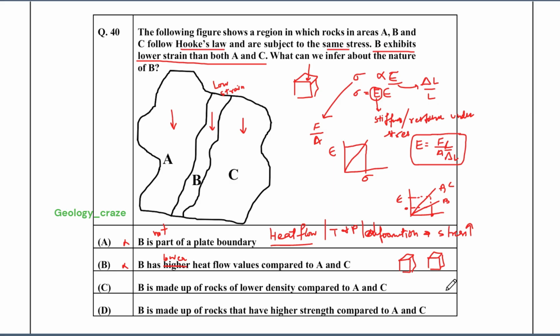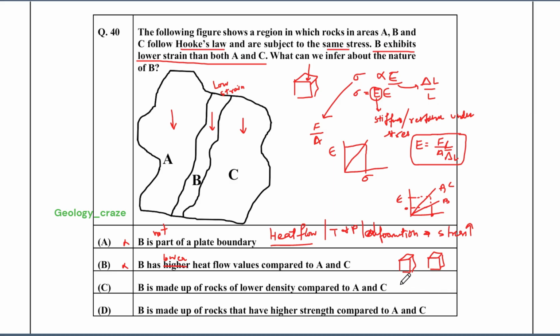But if the density is less, particles are not that well arranged. This concept is also contradictory, but for understanding this option, I'm just saying this in a general perspective.